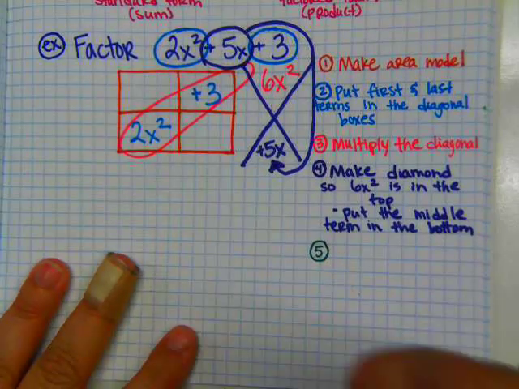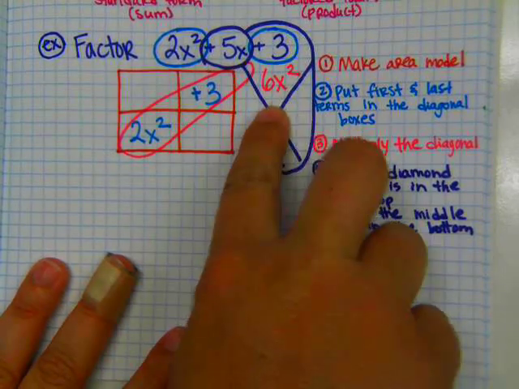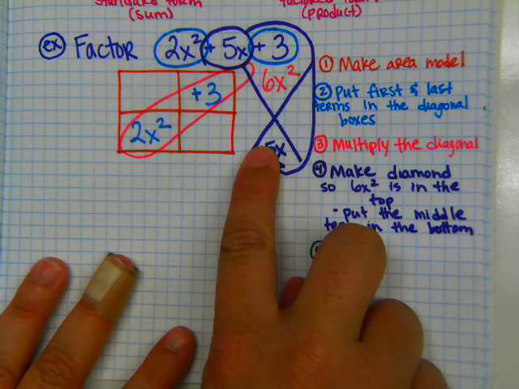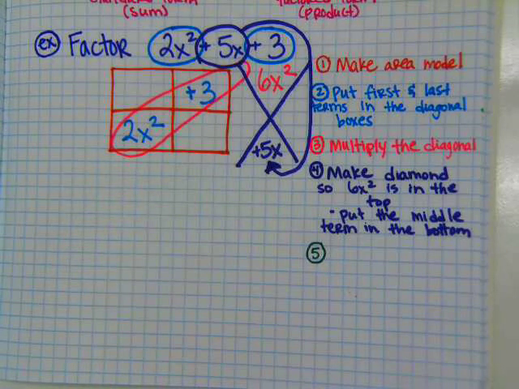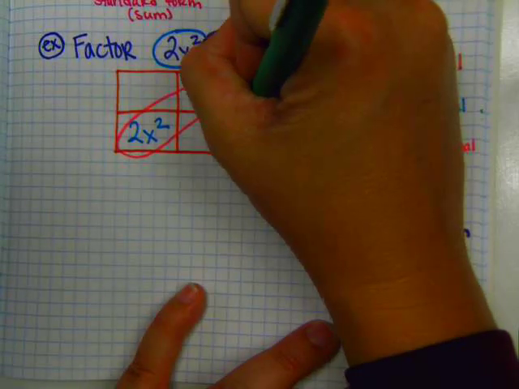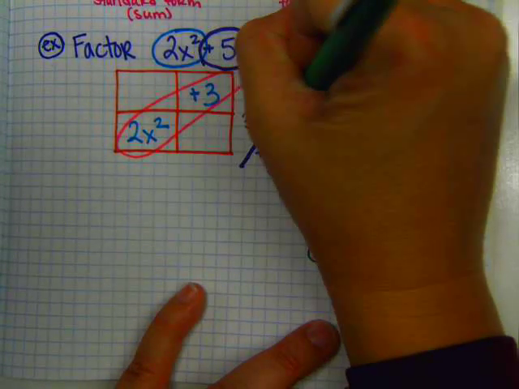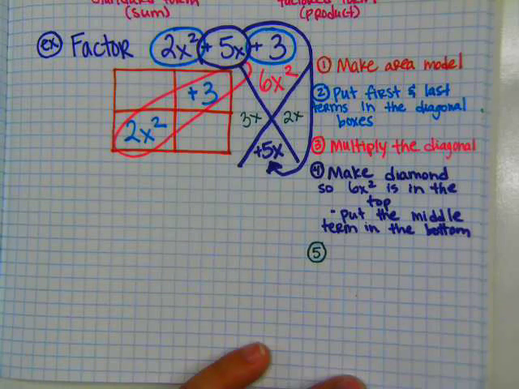We have to find two numbers that multiply to 6x squared and add to 5x. I want you to think about that right now. What multiplies to 6x squared and adds to 5x? Okay, so hopefully you figured out that it is 3x and 2x. Let's go ahead and write down the steps right there.